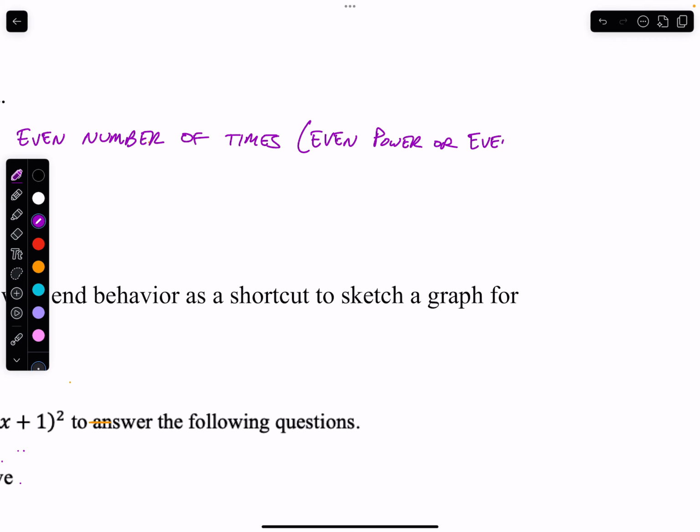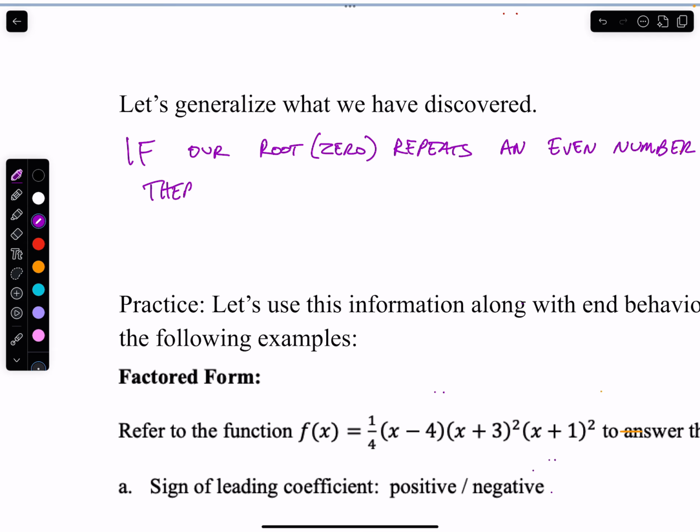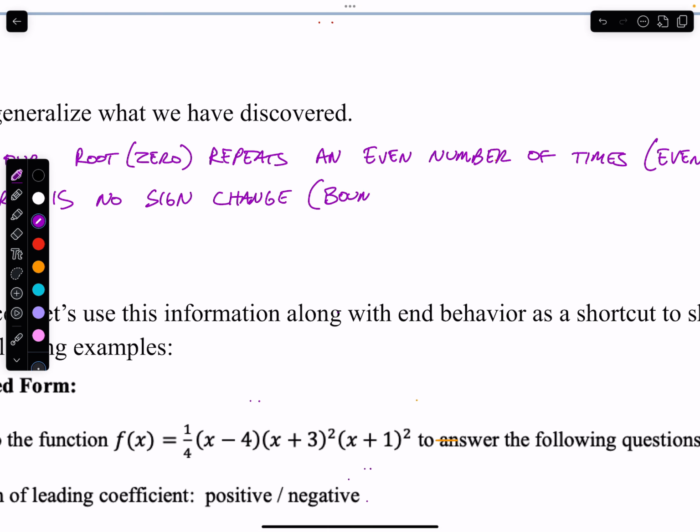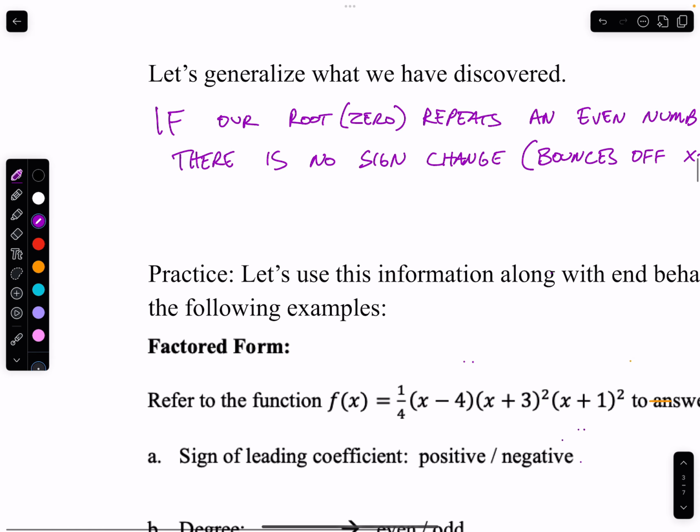Either one of those words works. There is no sign change. That means it bounces off the x-axis at that 0. That's the first thing we know.